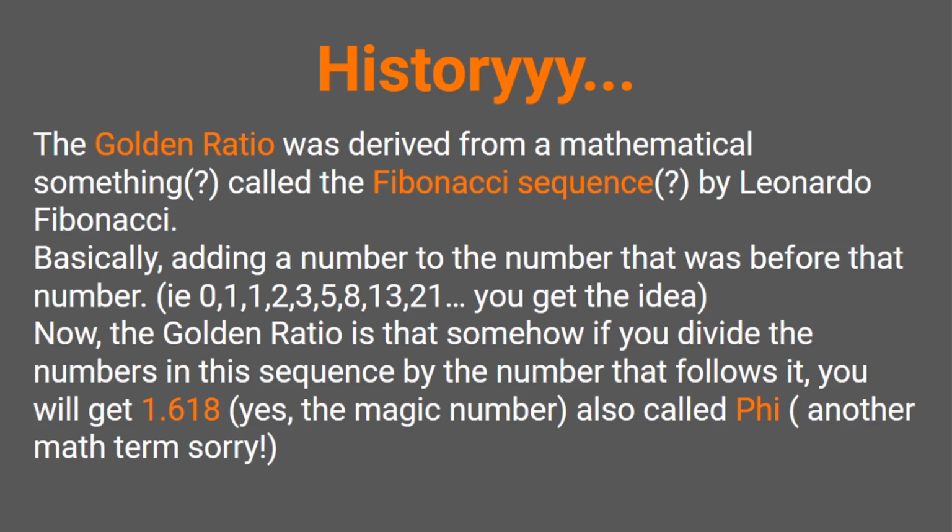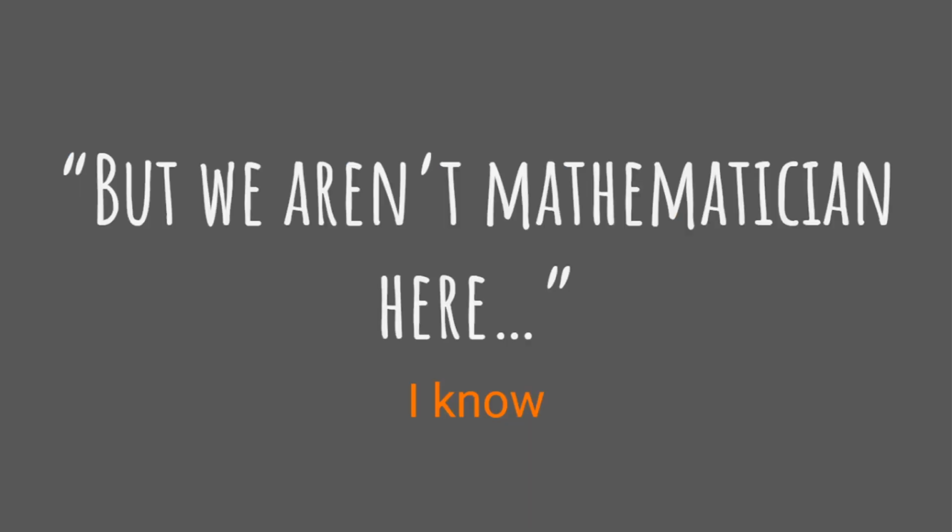You get the idea. Now, the golden ratio is that if you divide the numbers in this sequence by the numbers that follow it, you will get 1.618. Yes, that is the magic number, also called phi, another mathematical term. Sorry about that. But we aren't mathematicians here.